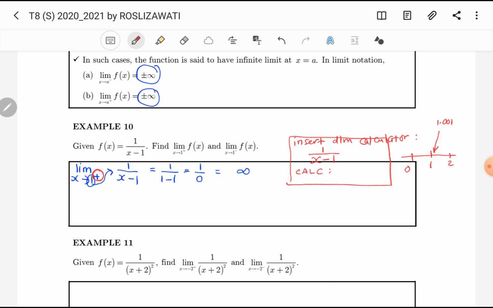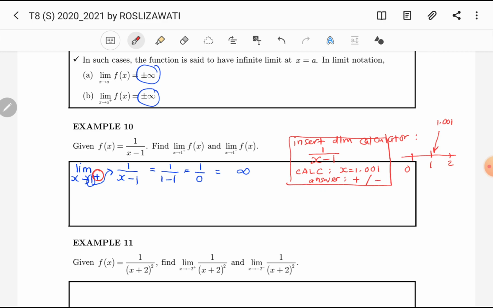Okay. So, awak pun tekan calculate. Dalam calculator tu, tekan calculate. Calculate, dia tanya X kan? So, awak letak 1.001. Okay. Calculate. X equal to 1.001. Okay, awak tengok answer dia. Answer dia positif ke ataupun negatif?